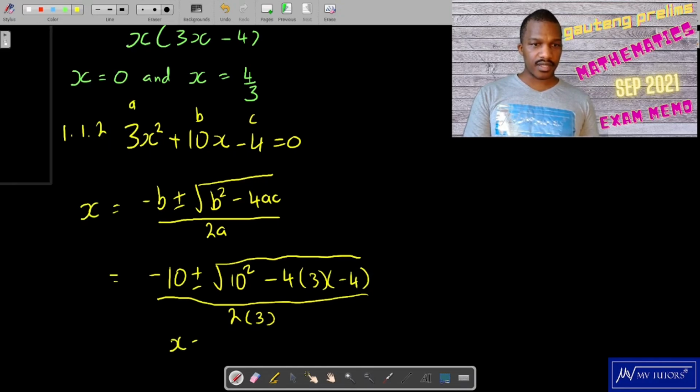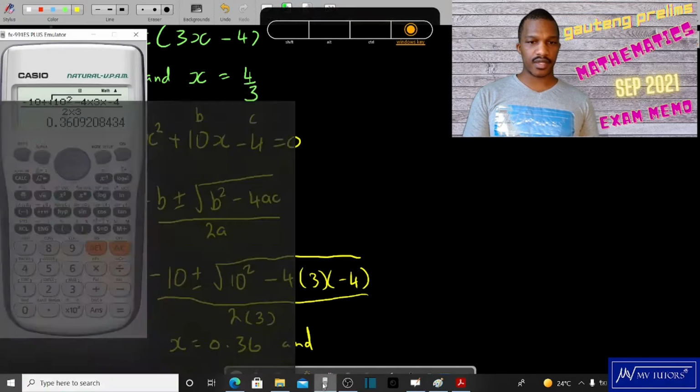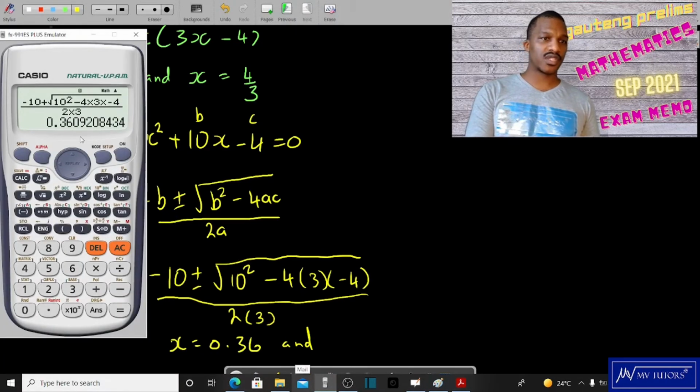So our x equals 0.36. We need the calculator once again. This time we're just going to change that plus into a minus.